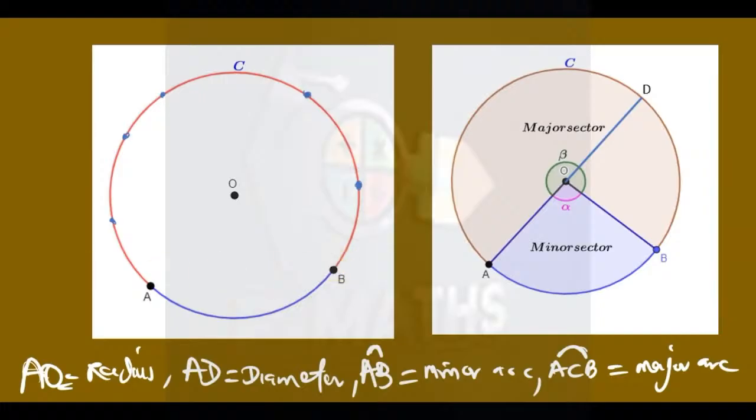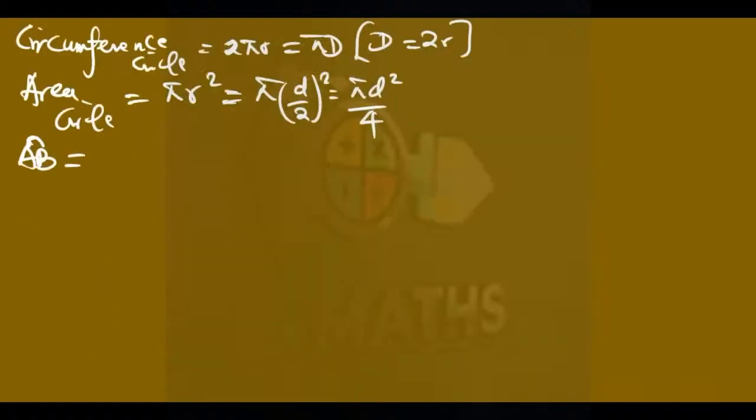And since arc, length of arc, now arc is a portion of the circumference. So since the angle formed by this minor arc is alpha, the length of arc is alpha over 360 times 2 pi r, just a portion of the circumference. So that's for arc AB.